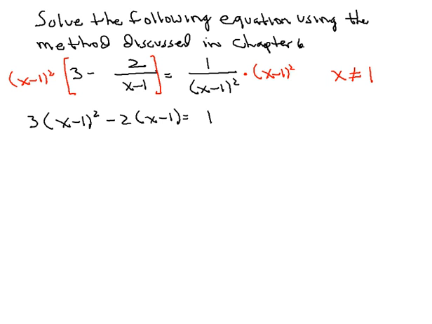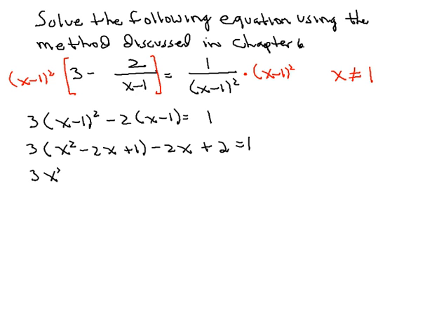So now if we go back to the left-hand side, we'll expand the (x minus 1) quantity squared into x squared minus 2x plus 1. And next we'll distribute the negative 2, so it becomes minus 2x plus 2 is equal to 1. Now we'll go back and distribute the 3.